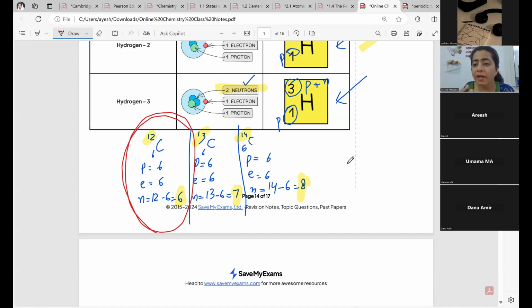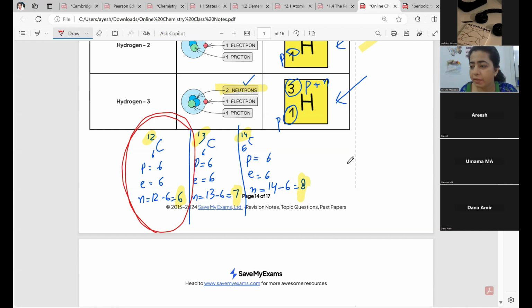We can remove or add the proton to change the identity of the element, which is basically a very hard case. You can say a lot of energy or experiments are needed if we want to change the identity of the element. So in simple words, we can say proton is unchangeable. Proton is the identity of the element, so we are not going to change the proton, especially in your IGCSE syllabus. We are talking only about the difference in neutron, and we are going to talk about the electron remove and gain, not about the proton. We will make the proton a fixed number, unchangeable.